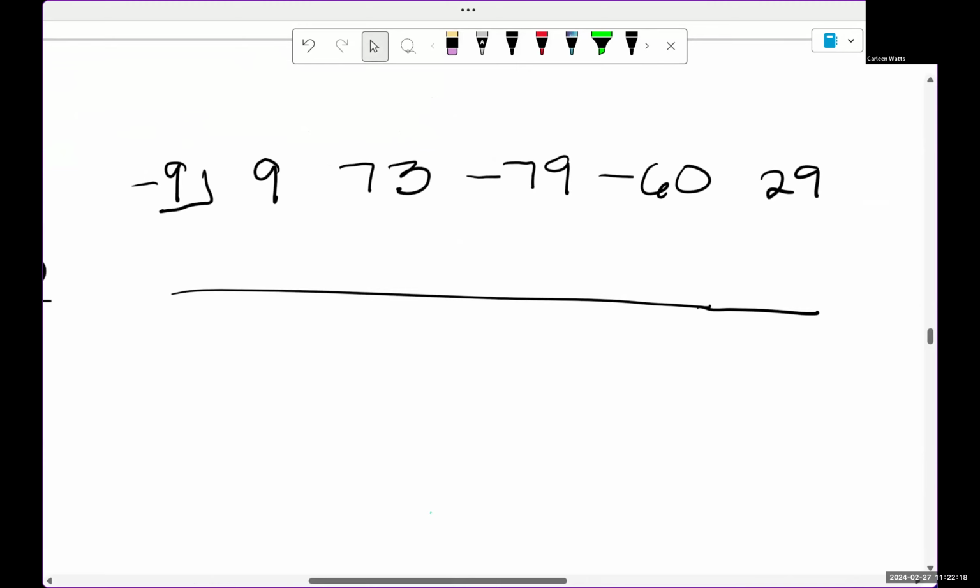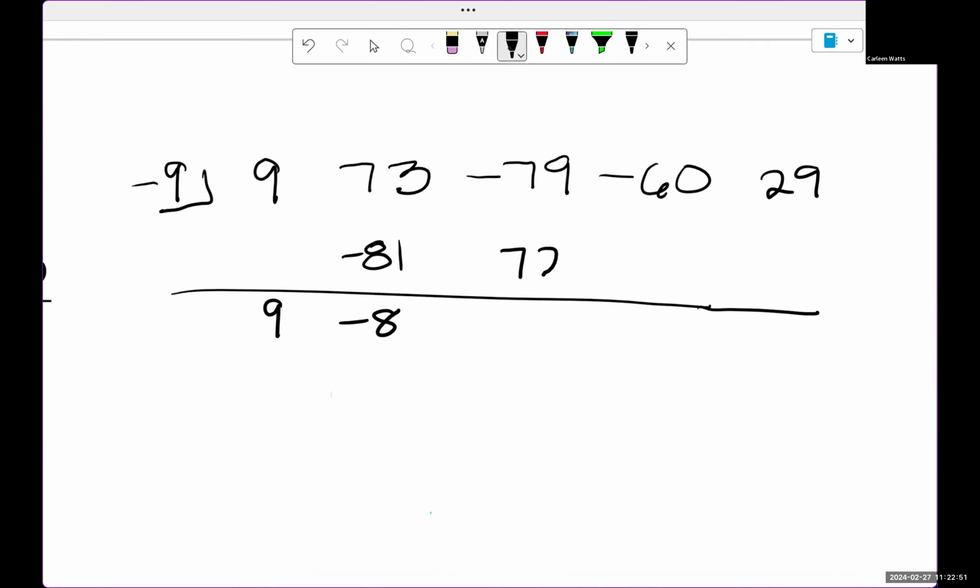Step 1 is what? Bring it down. Multiply, add, multiply, add, multiply, add, multiply, add. So multiply, what goes here? -81. What goes here? -8.